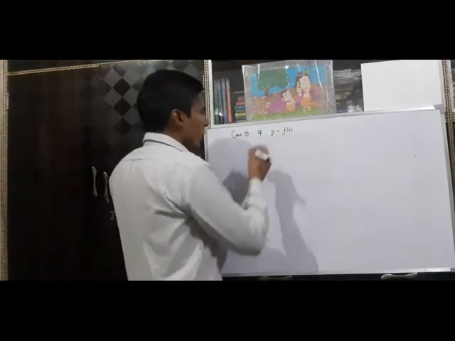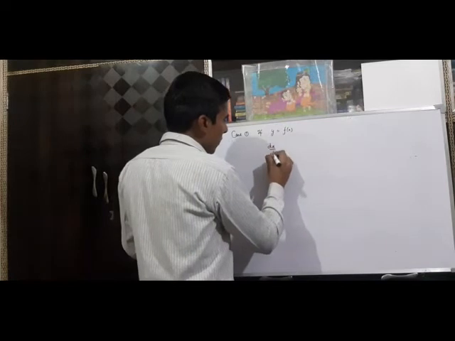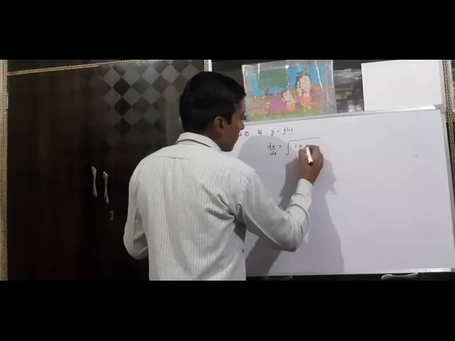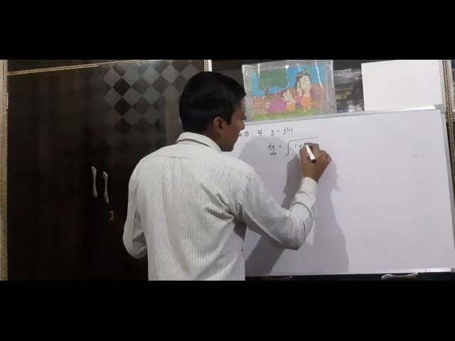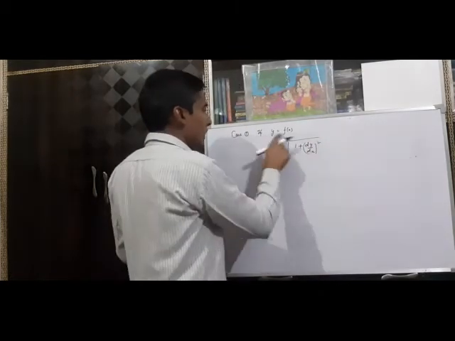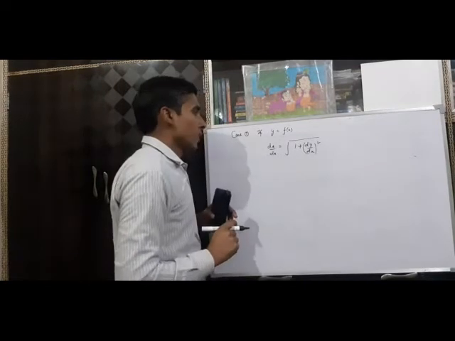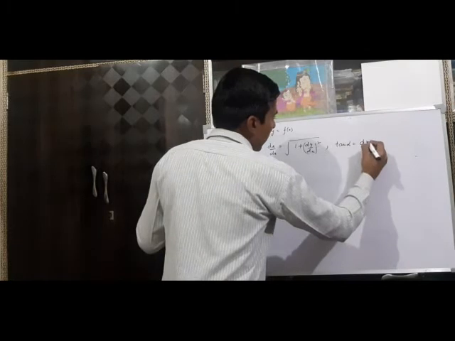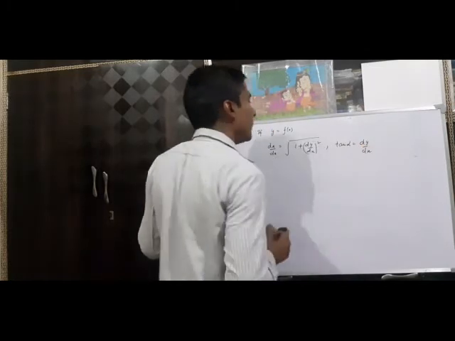As we know, ds by dx is defined as square root of 1 plus (dy by dx) whole square in such a curve y equal to f(x). And tan of alpha is dy by dx.